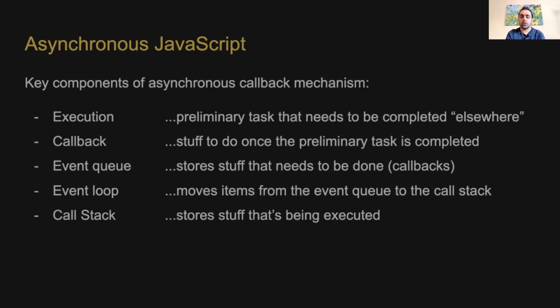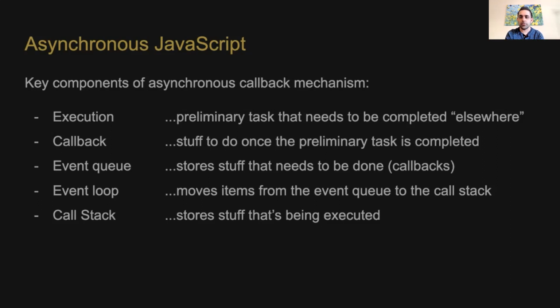Then we have this concept of the event loop. I describe it as maybe a little annoying, like a nagging toddler that's always asking, hey, can we do this now? Hey, can we do this now? So the event loop is basically something that keeps checking if items from the event queue can be moved to the call stack.